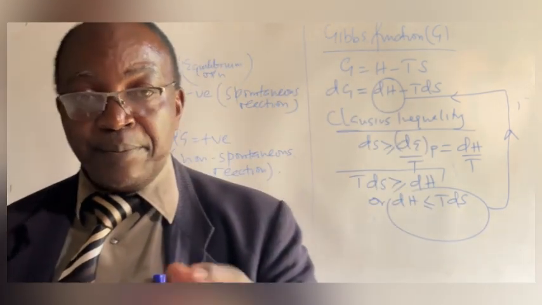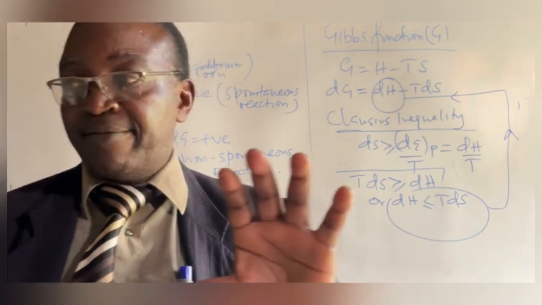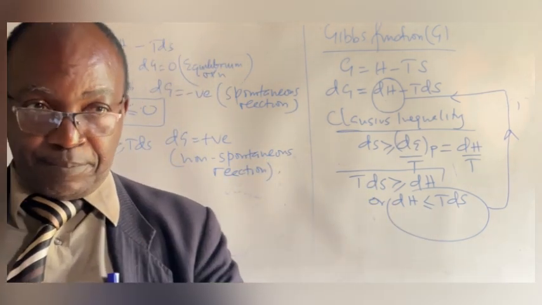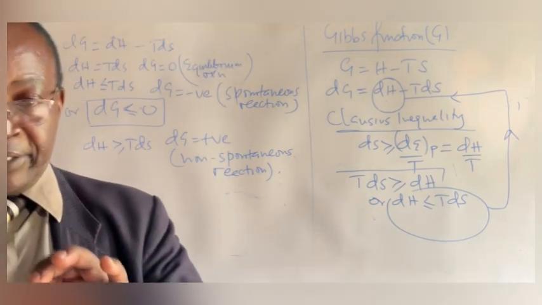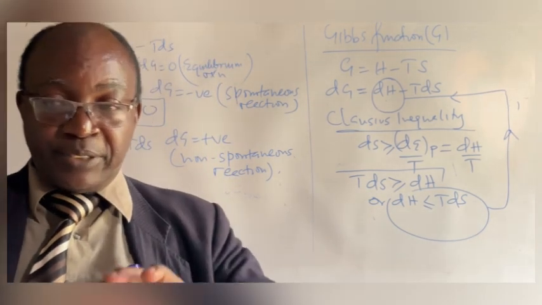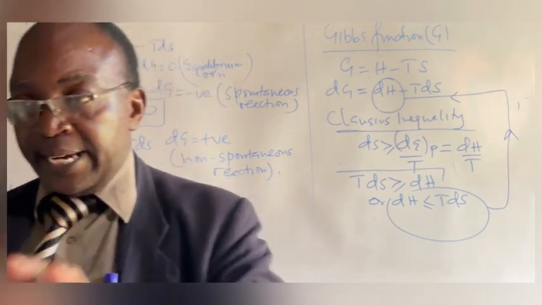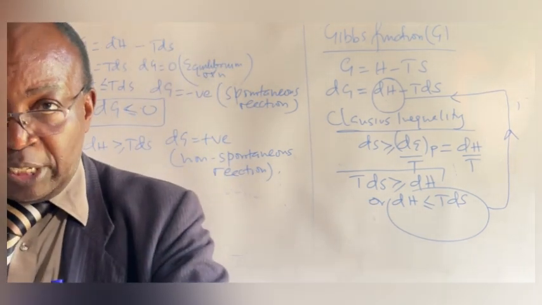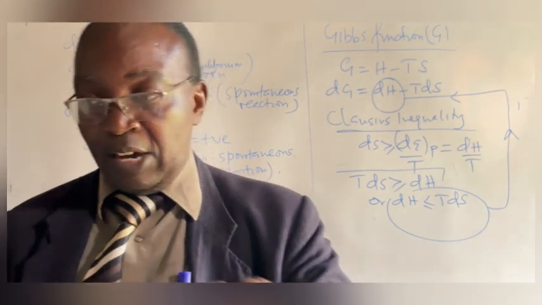Very, very important to note that. And number two, that means they don't depend on the path, they only depend on the initial and final states of the system. And we have seen that using the Helmholtz function and the Gibbs free energy, we are able to tell the spontaneity of a reaction.